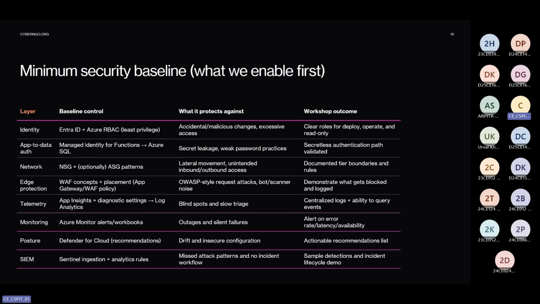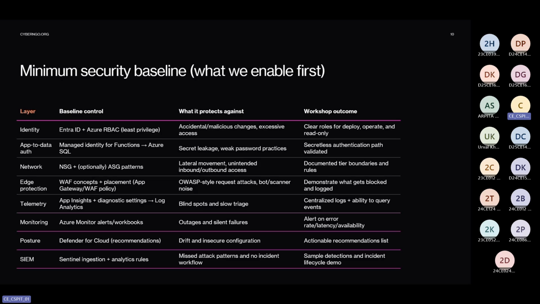The second part is app to data auth, which is nothing but the managed identity we used here, system managed identity specifically, to configure authentication between the function app and SQL Server.